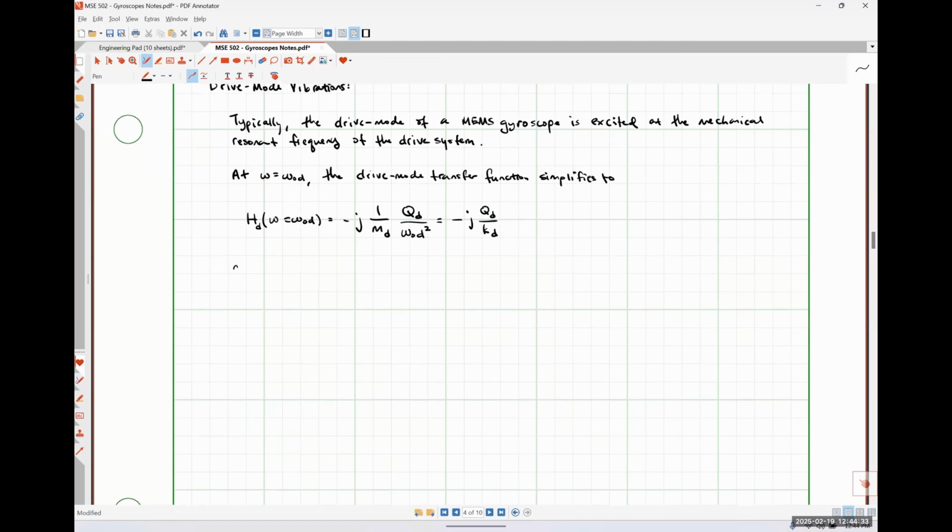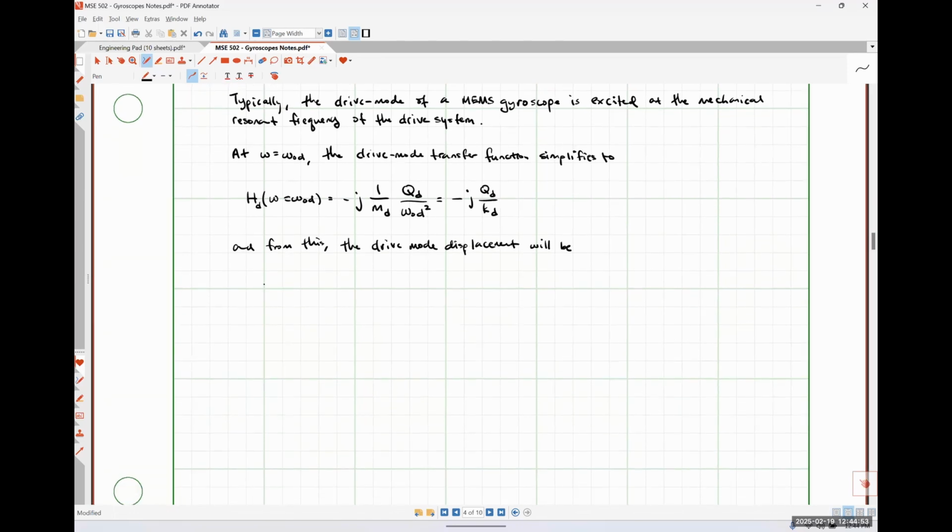And from this, the drive mode displacement will be XD is HD times FD, or negative J times QD over KD times FD.